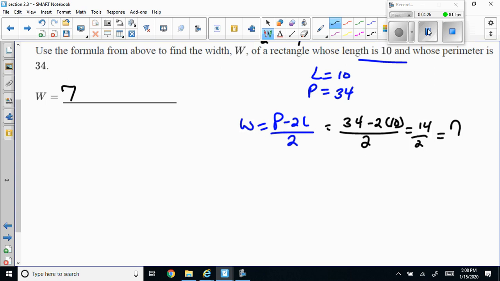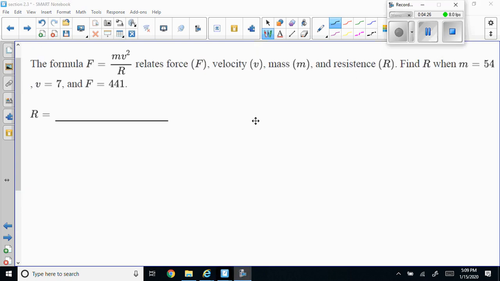All right. When we're looking at this particular problem, I want to show you an algebraic technique, and then after that, I'll let you go and solve it, okay? But I want to make sure we're all on the same page. They've given us this formula, force equals mass times velocity squared over resistance, right? So F equals mv squared over big R, right?